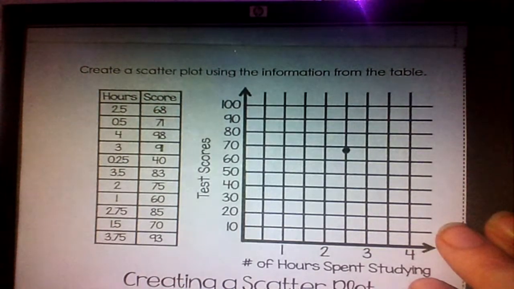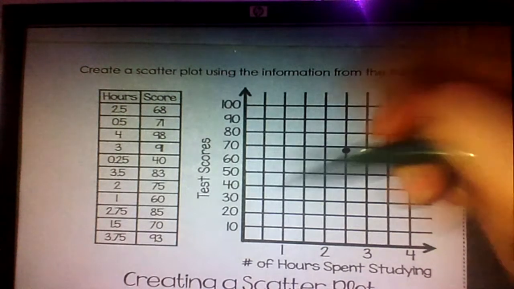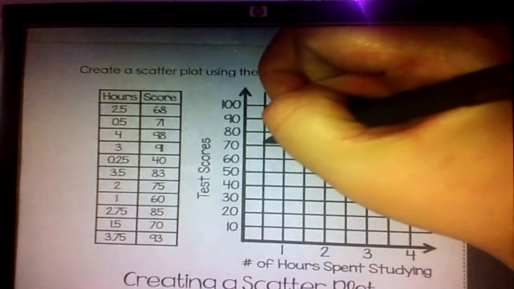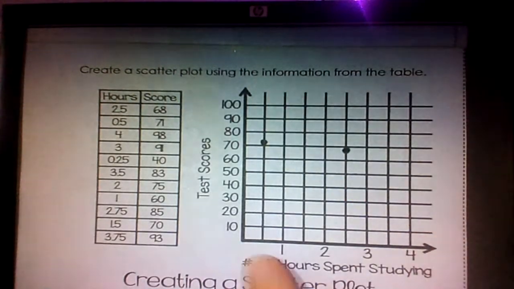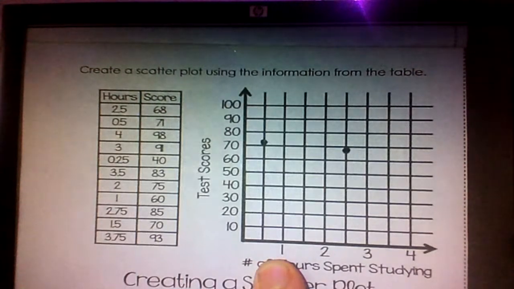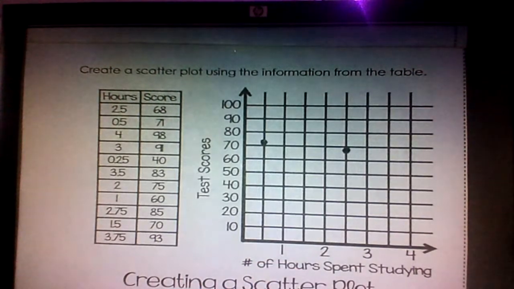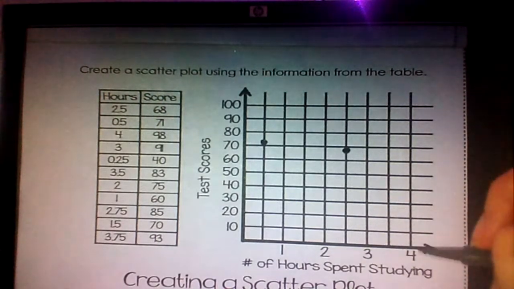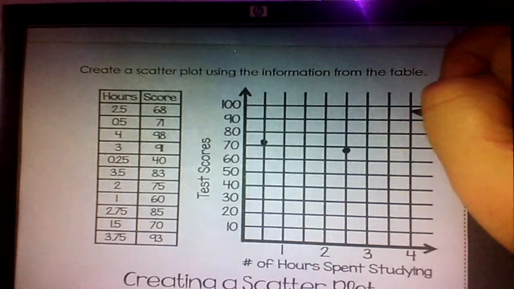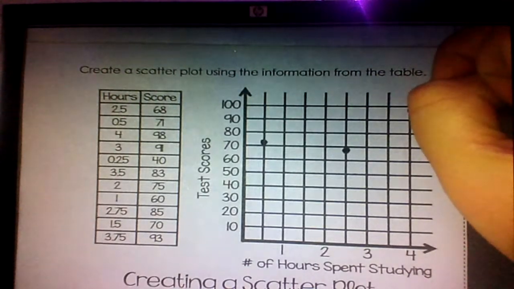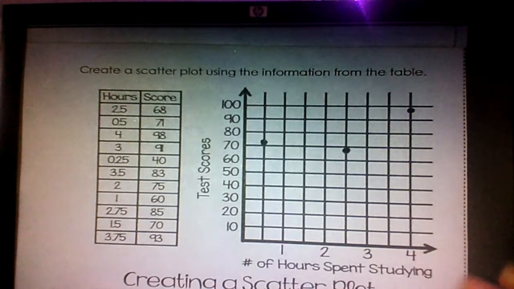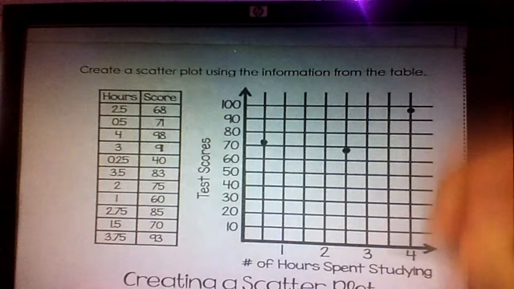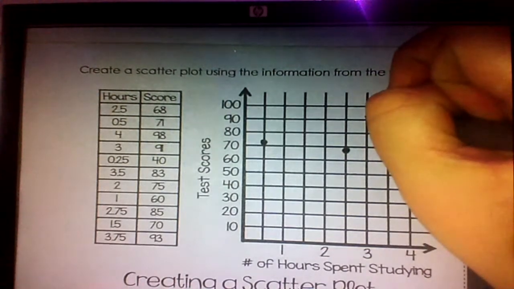We have a point at 0.5, 71. Where's 0.5? 0.5 would be between 0 and 1. 4, 98. So we're on this last vertical line, almost touching the top line. 3, 91.